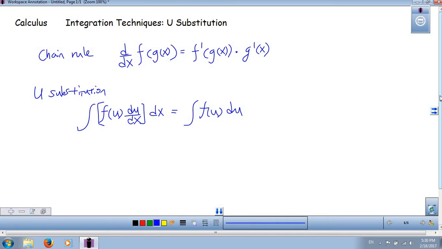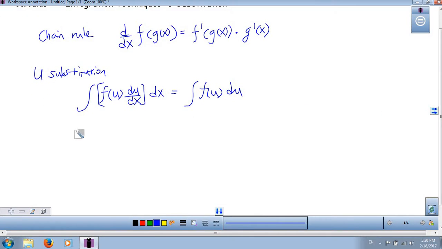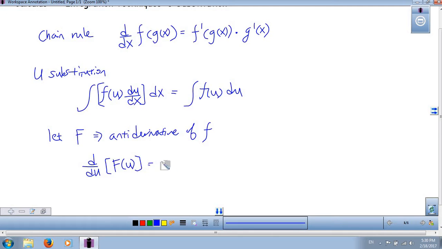Alright, so let's consider the function f. Let capital F be the antiderivative of the function little f. So when we take the derivative with respect to u of capital F of u, what are we going to get?